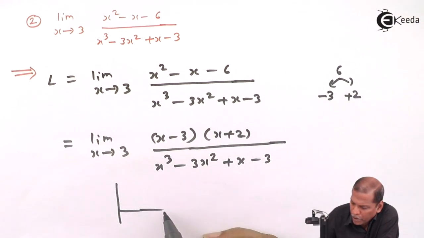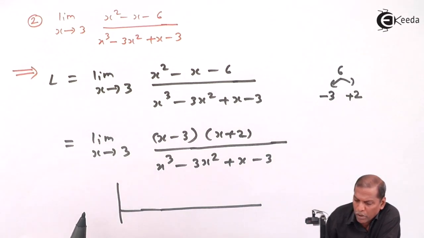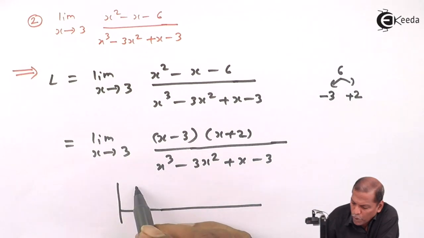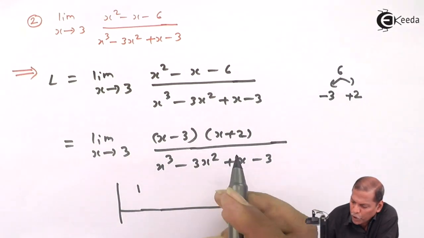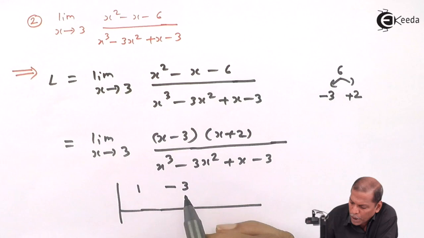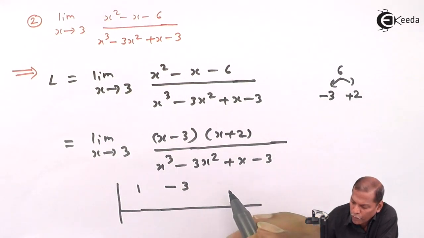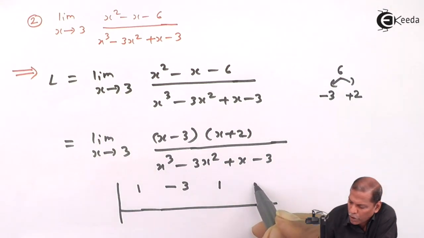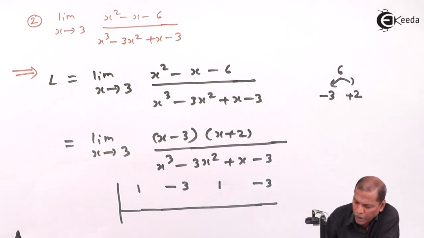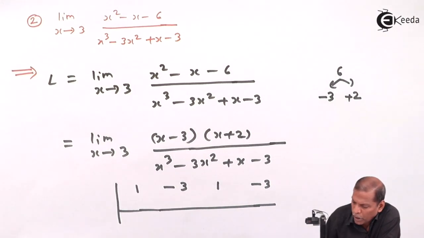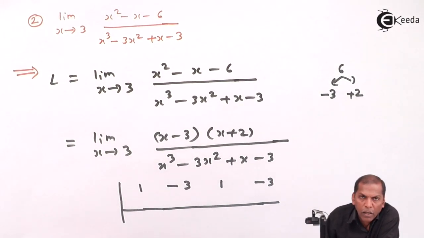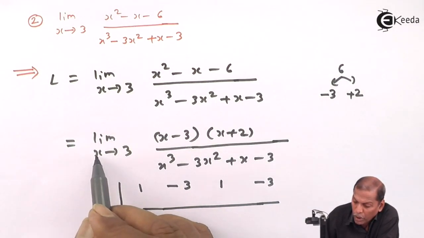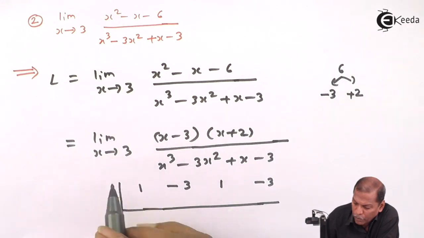In this method we have to write the coefficients: the coefficient of x cube, that is 1, the coefficient of x square, that is minus 3, the coefficient of x is 1, and finally the constant term, that is minus 3. Here we take the divisor as the limit term, that is 3.